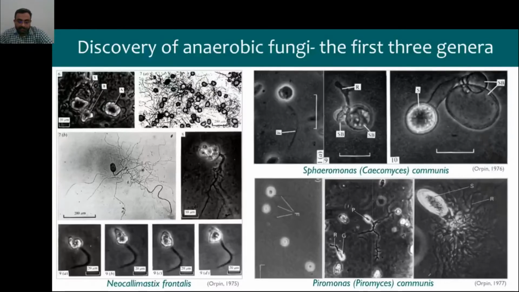So this convinced Colin Orpin that these structures are not flagellated protozoa, as was the case earlier, and that they are definitely a phycomycete fungi. In the very next year, another anaerobic fungus was identified as Pheromonas communis, and this particular fungus had a uniflagellate zoospore, as against the polyflagellate zoospore in Neocallimestix frontalis.